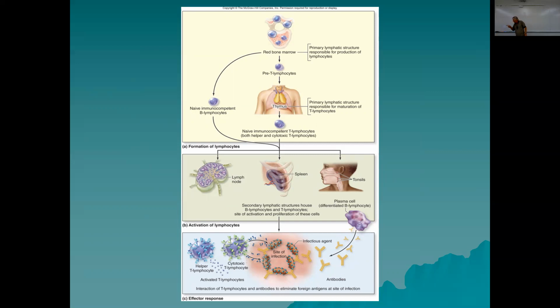Cytotoxic T cells will secrete perforins that make a hole in the foreign cell or the infected cell and allow granzymes to enter in and chew it up and kill it. B cells, when they're activated, become plasma cells, and they make antibodies.